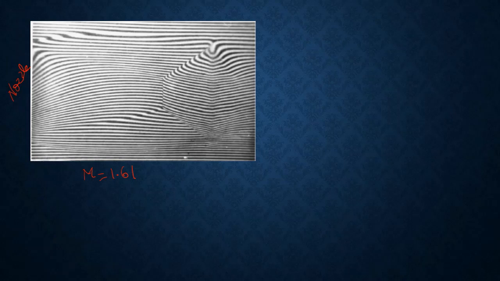Here, what you are seeing is that the kind of shock which is produced is called a barrel shock, and these barrel shocks will create a disc called a Mach disc.